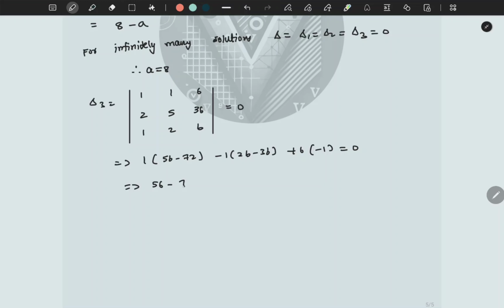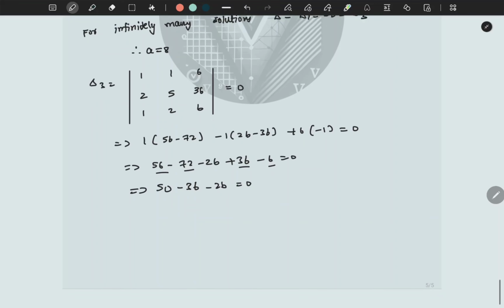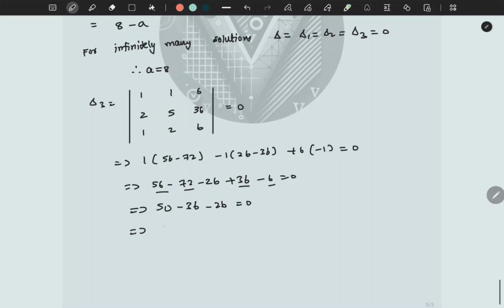So we can write 56 minus 72 minus 2b plus 36 minus 6 equals 0. So 56 minus 6 is 50, minus 72 plus 36 is minus 36, minus 2b equals 0. So 50 minus 36 is 14, b should be equal to 7. That means for infinitely many solutions, a is equal to 8 and b is equal to 7.